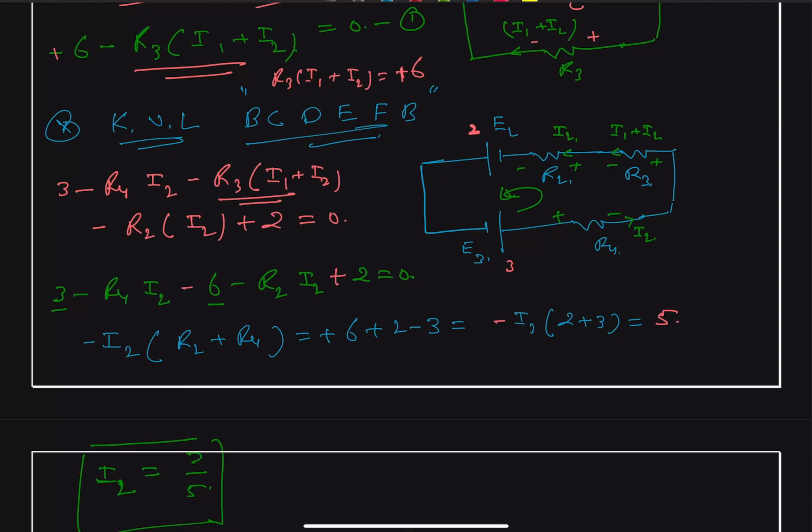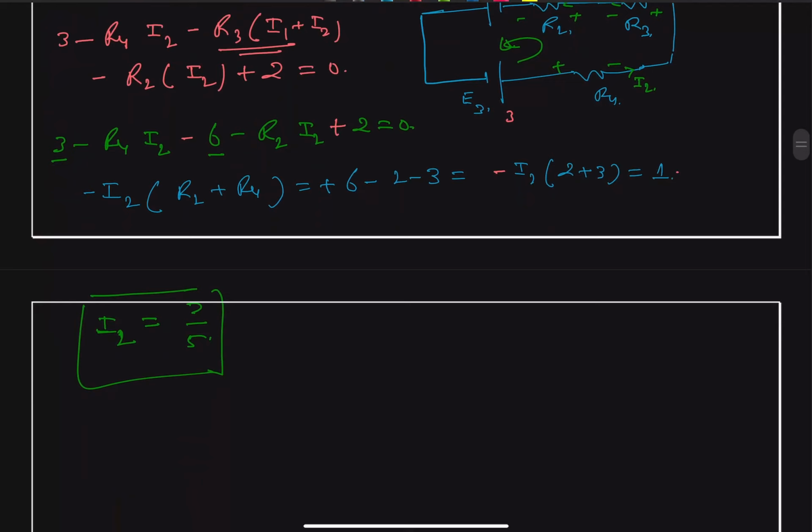Plus of 2, and this comes as minus of 2. So this will be equal to 1 finally. Therefore, we get our I2 is equal to minus 1 upon 5. And let's correct now.